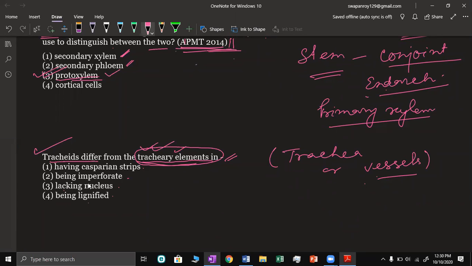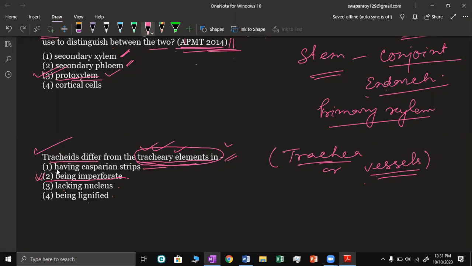All right. Casparian strips are not found in xylem. It is a characteristic of endodermis. So this one, tracheids and vessels differ, being imperforate.